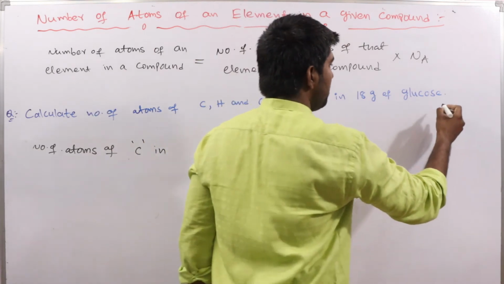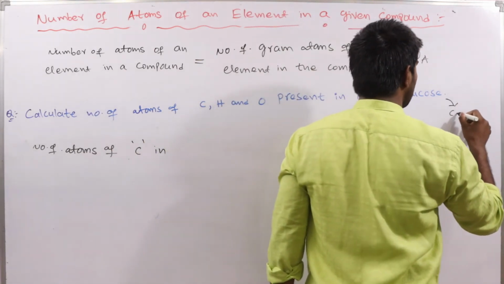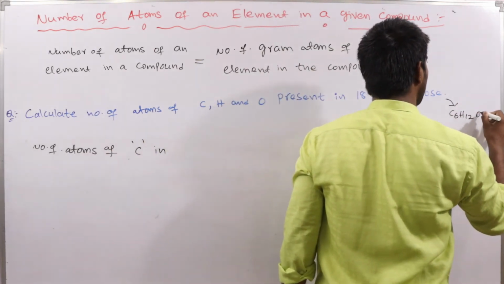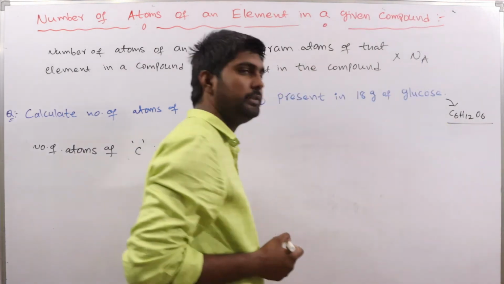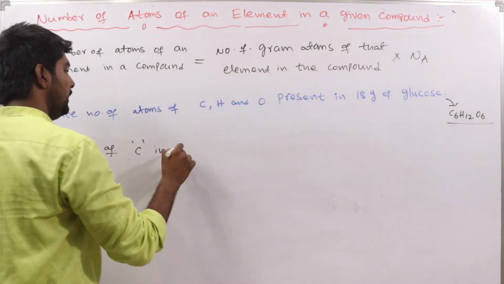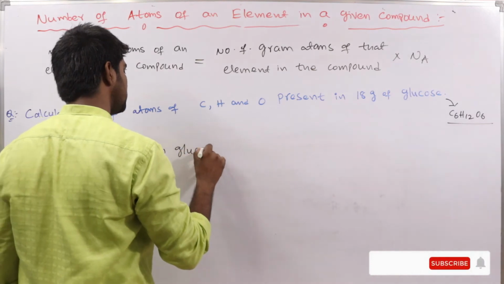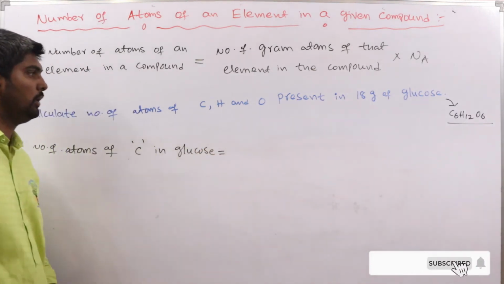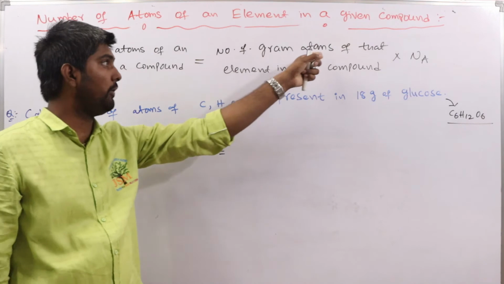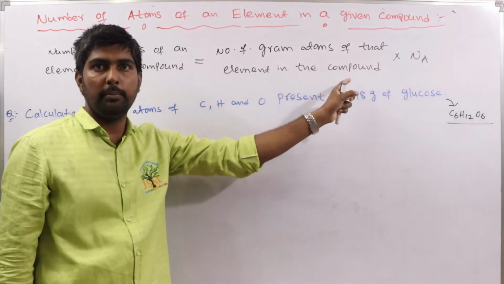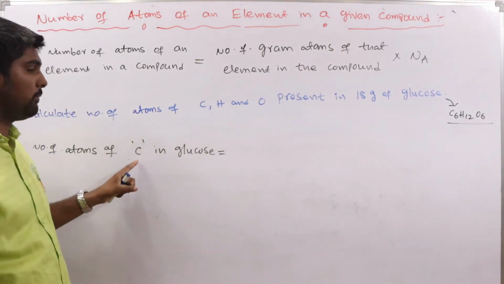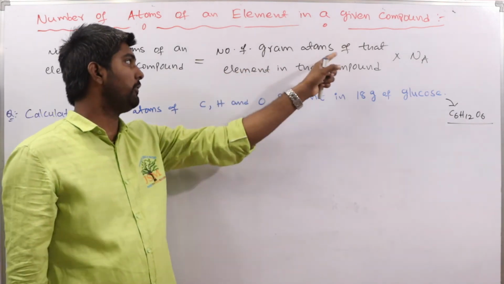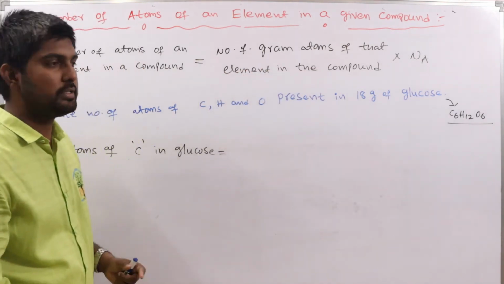What is the molecular formula of glucose? C6H12O6, right? In glucose, the number of gram atoms of the element, here carbon, what is the formula?